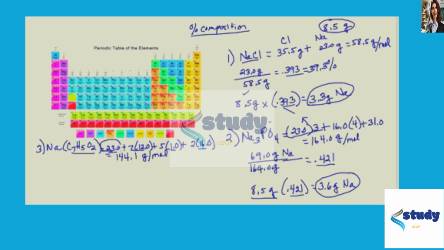So we notice here that out of that quantity, 23 grams is represented by the sodium. Let's go ahead and figure that out as a fraction as we've been doing.